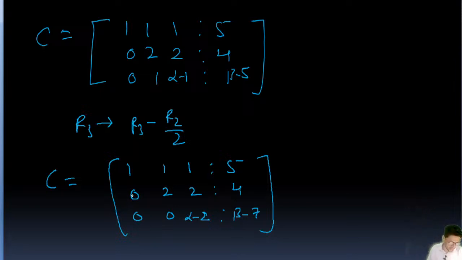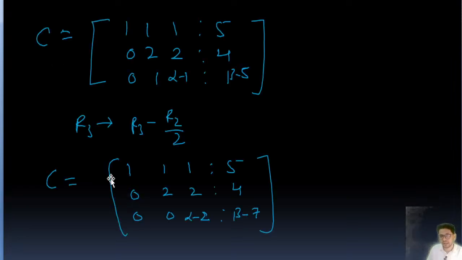R2 by 2, right? So now you can see this matrix is converted. We have converted this part of the matrix into an upper triangular matrix, right? And now it's easy.